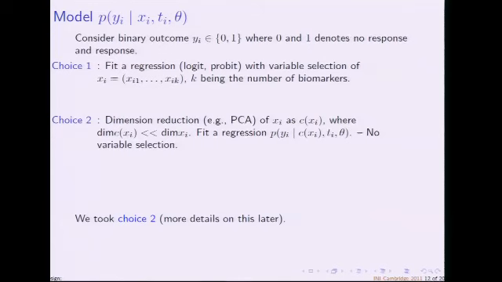So there are two choices that you can think of. First, you can think of this as a regression problem and just treat the different biomarkers as covariates, and you can do a variable selection. That's one choice you can think of.